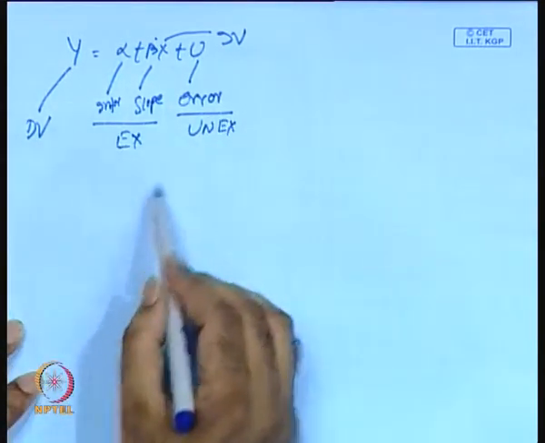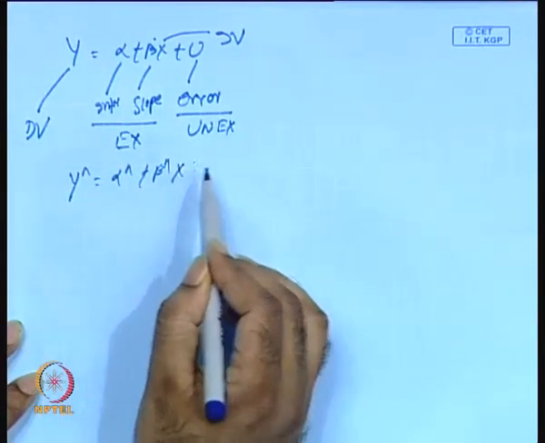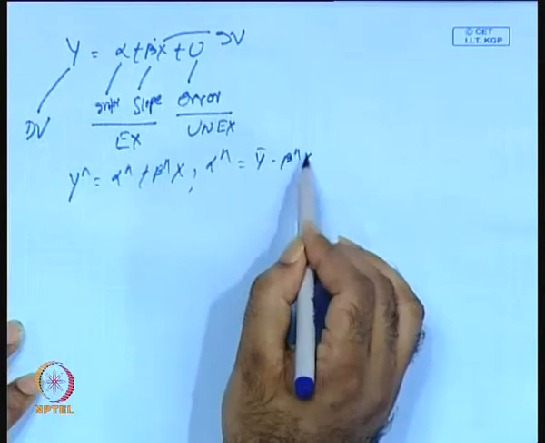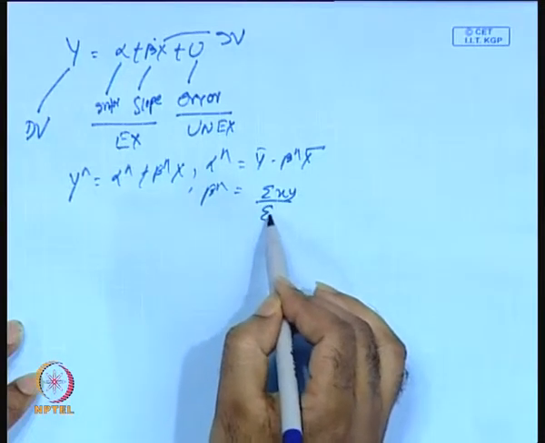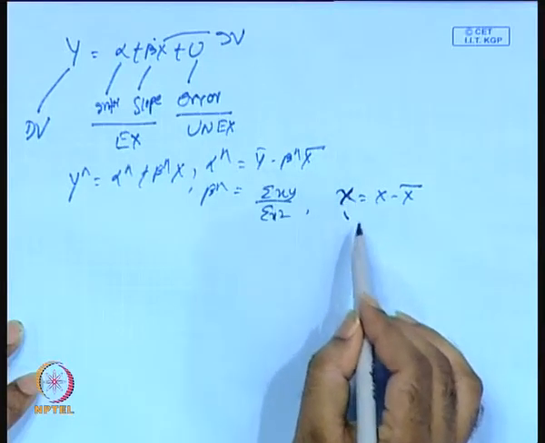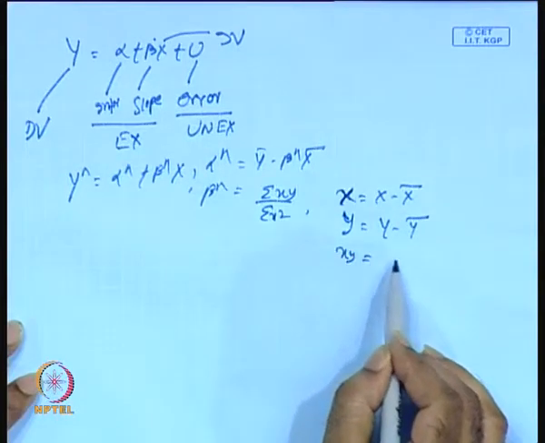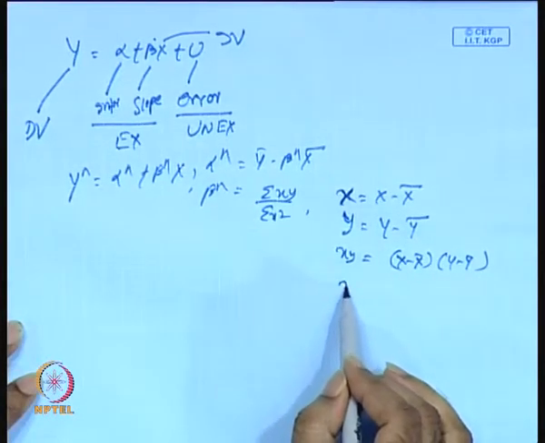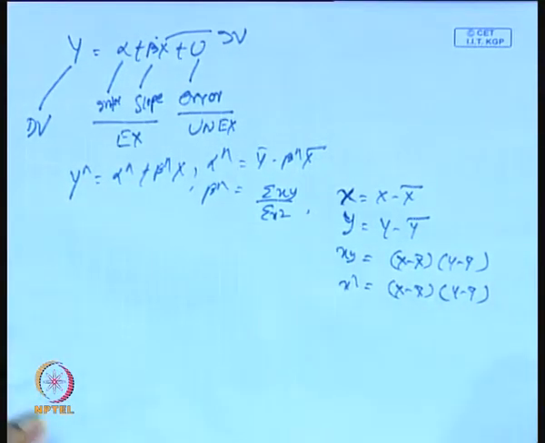By this process we are assuming y hat equal to alpha hat plus beta hat x, where alpha hat equals y bar minus beta hat x bar, and beta hat equals summation xy by summation x square, where x equals x minus x bar, y equals y minus y bar, xy is nothing but x minus x bar into y minus y bar, and x square is nothing but x minus x bar squared.